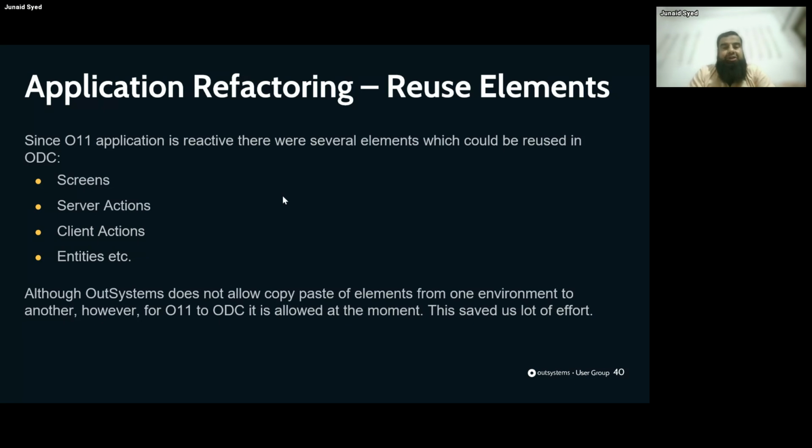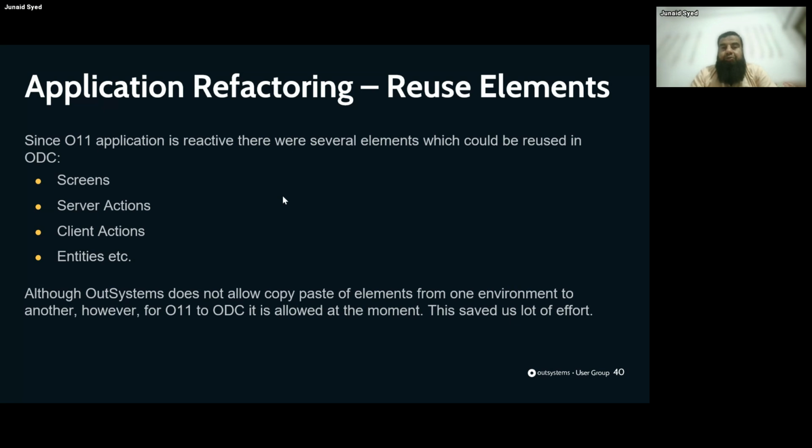IP protection is not there, and I believe that is the case because OutSystems wants to promote the ODC platform, and they want to keep the migration from O11 to ODC simple, so they have allowed copying and pasting things from O11 to ODC. In our case, we were able to copy the screens, the server actions, the client actions, and entities. Most of the elements we were able to copy and paste from O11 to ODC, and this saved us a lot of effort.